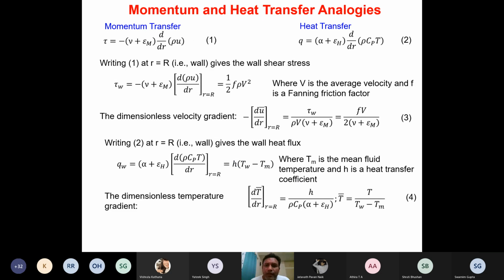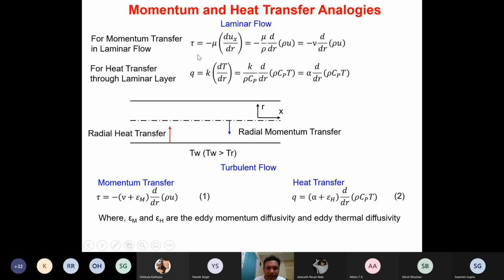Now, again from these two equations, we are finding out what will be the wall shear stress. The wall shear stress is the shear stress at the wall. So we can find it directly from equation number 1 by putting r equals capital R, where capital R is the radius of this pipe. So we are looking at the wall shear stress exactly at this surface of the wall here.